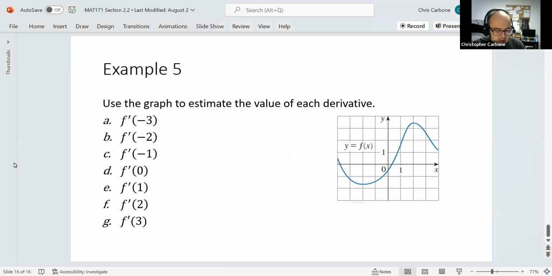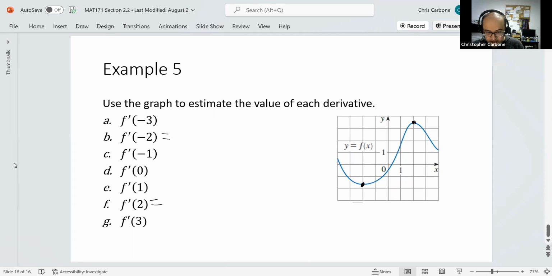And the last example we are going to do here is to use this graph to estimate the value of each derivative. As you can see, we have a whole bunch of ones. The easiest ones to do are actually B and F, because both of those are at the vertex of those appropriate curves.